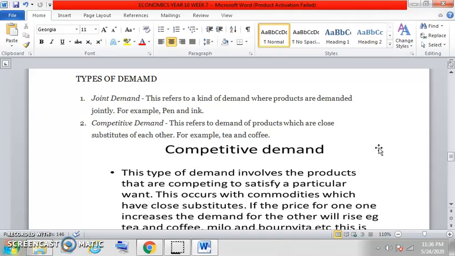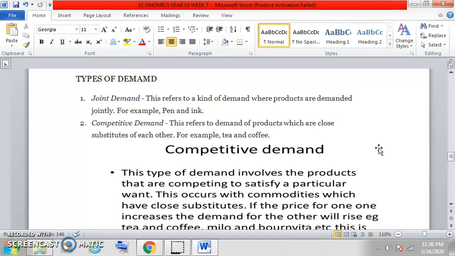I want to go back to joint demand. I said that this type of demand is for products that must be demanded jointly for one to be satisfied.